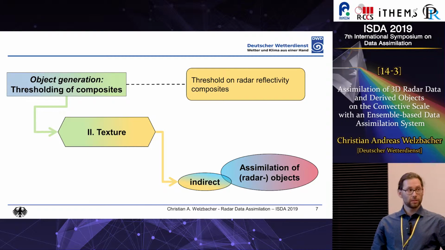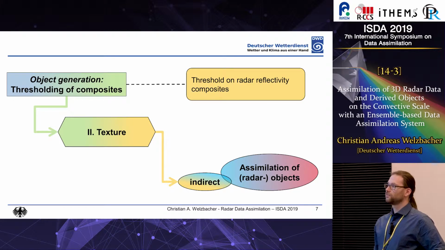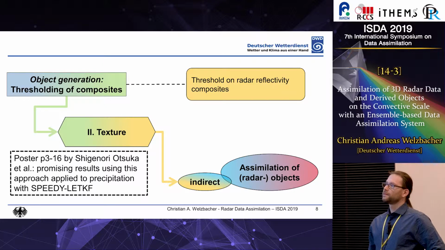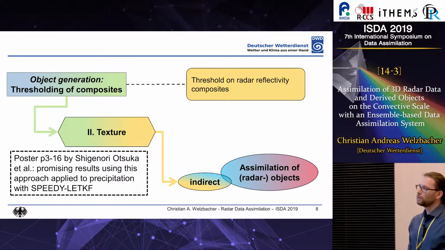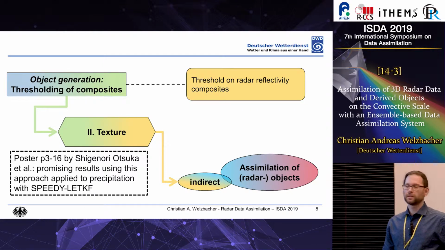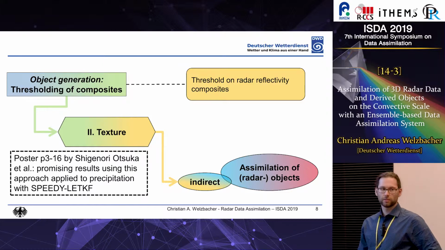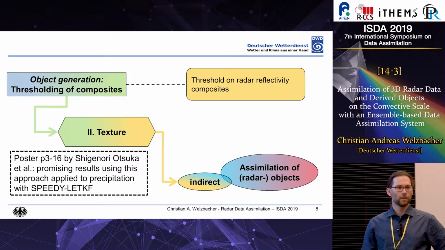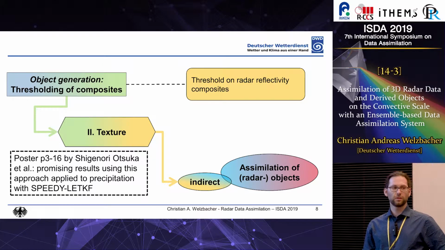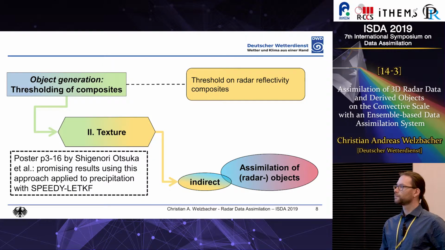As I already mentioned, it's in the spirit of the fraction skill score. And we saw yesterday a poster by Shigenori Otsuka, who also presented some results in the SPEEDY LETKF setup, where he looked at precipitation in a climate mode. And this seemed very promising, and he has seen positive results in that.